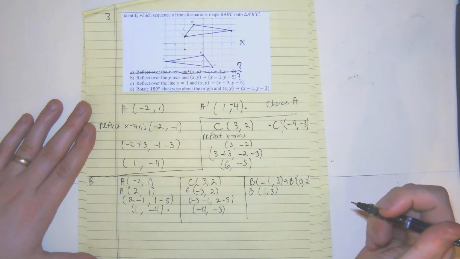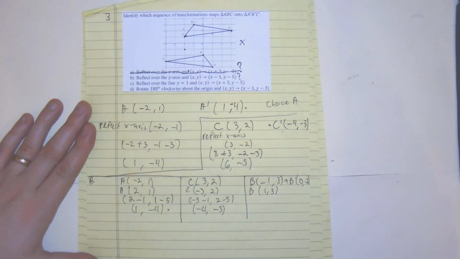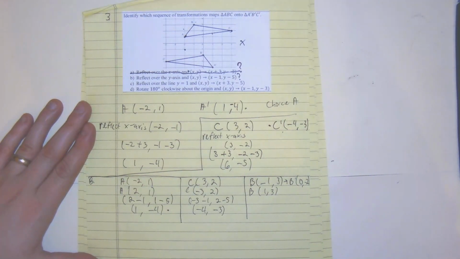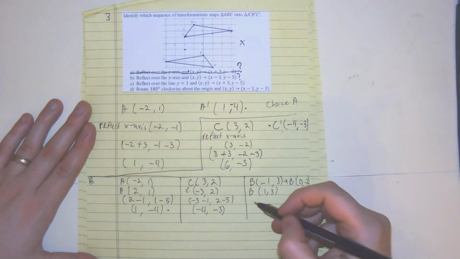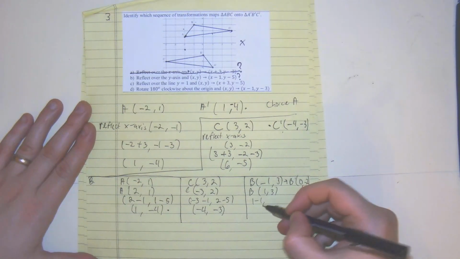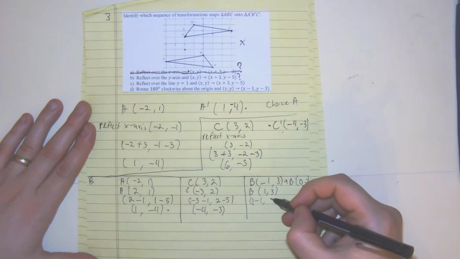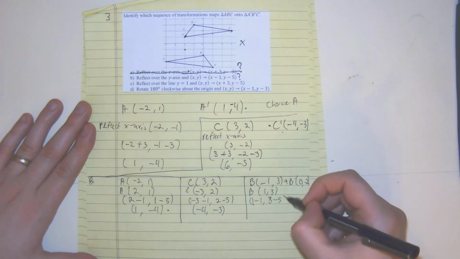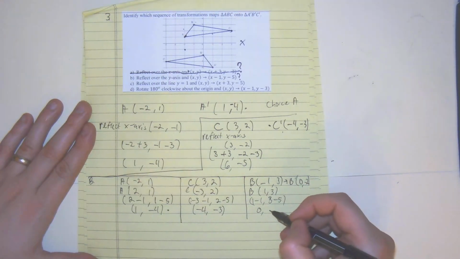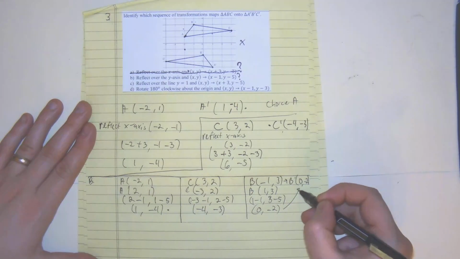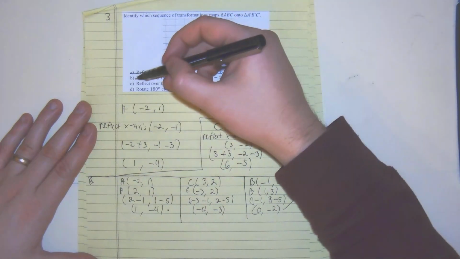The next thing they want us to do is plug this into the formula. So 1 minus 1, comma, and then 3 minus 5. You get (0, -2). That works out. So it works for all of them.